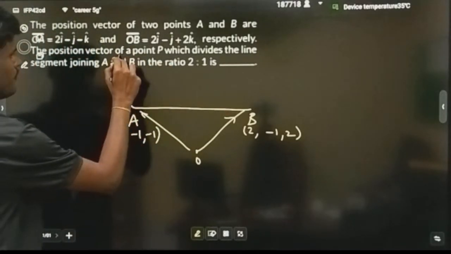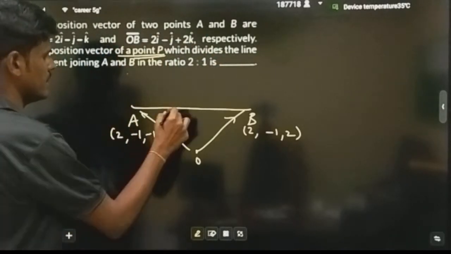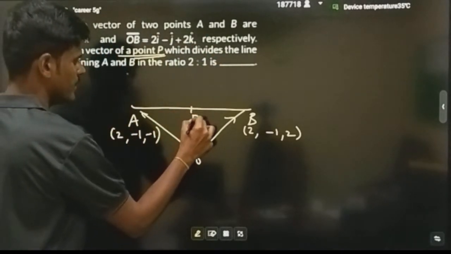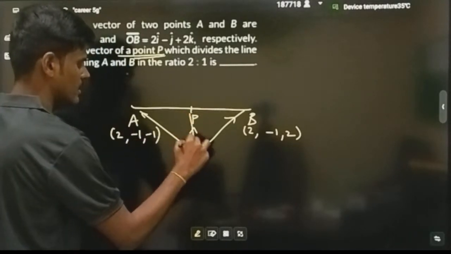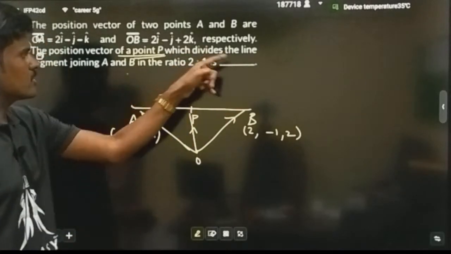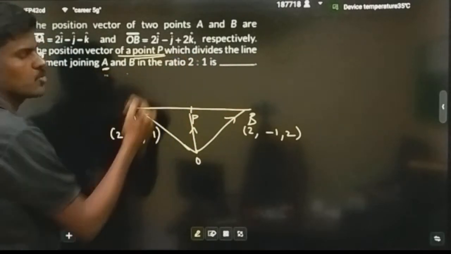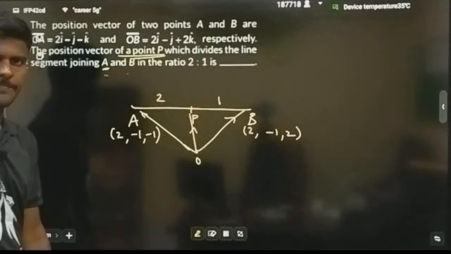The position vector of point P which divides the line segment joining A and B. Okay, point P is here. Position vector of point P means OP vector which divides AB in the ratio 2:1. From A there is 2 part, so this is 2, and from B 1 part.